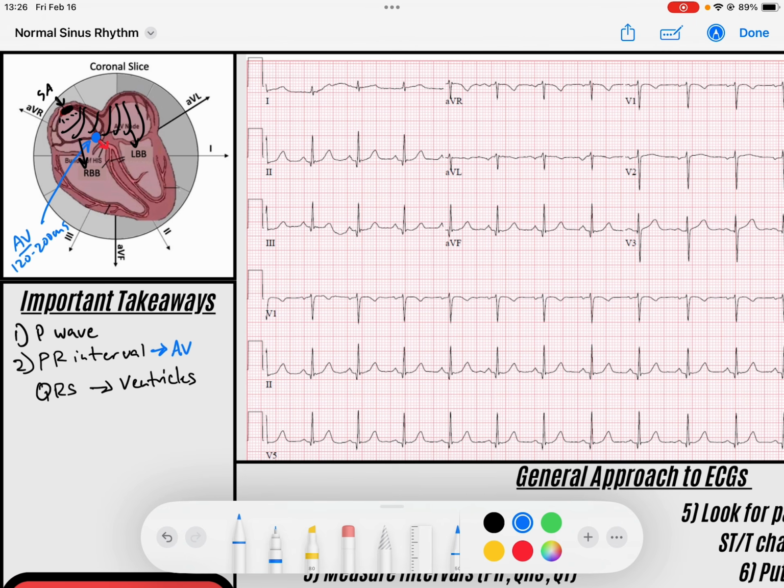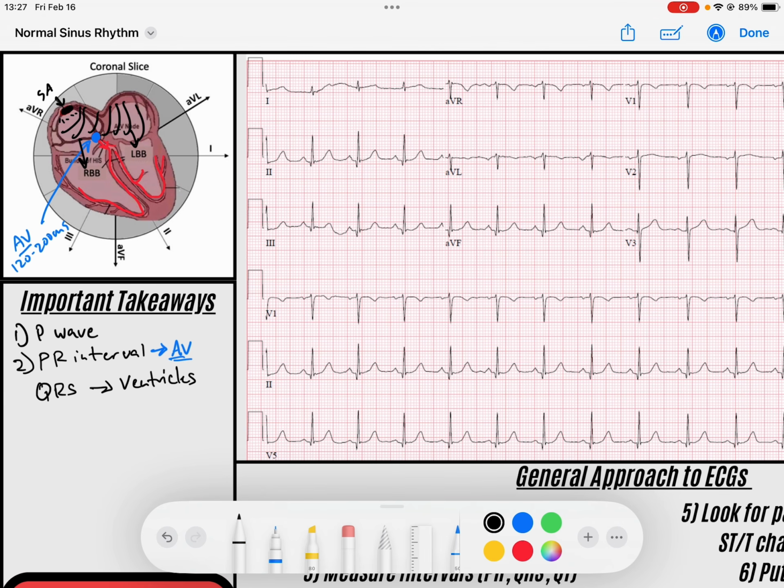Because that's the time between the start of the P wave and the start of the QRS, which is my AV node pausing. And so then the AV node sends our signal down, and our signal travels through the bundle of His, down through these His-Purkinje fibers, our left and right bundle branches, our fascicles, and these are rapidly conducting fibers. And that allows for the depolarization wave throughout the ventricles to occur fast.